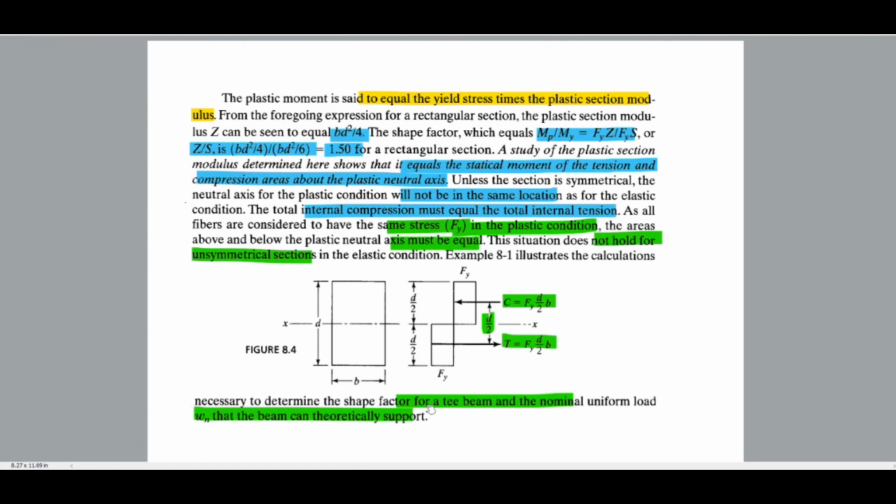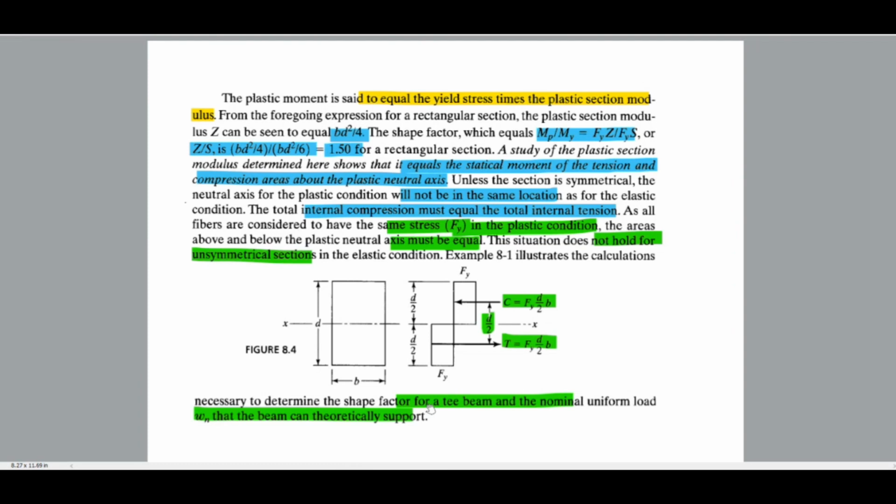A study of the plastic section modulus determined here shows that it is equal to the static moment of the tension or compression areas about the plastic neutral axis. Unless the section is symmetrical, the neutral axis of the plastic section will not be in the same location as for the elastic condition. The total internal compression must equal the internal tension.